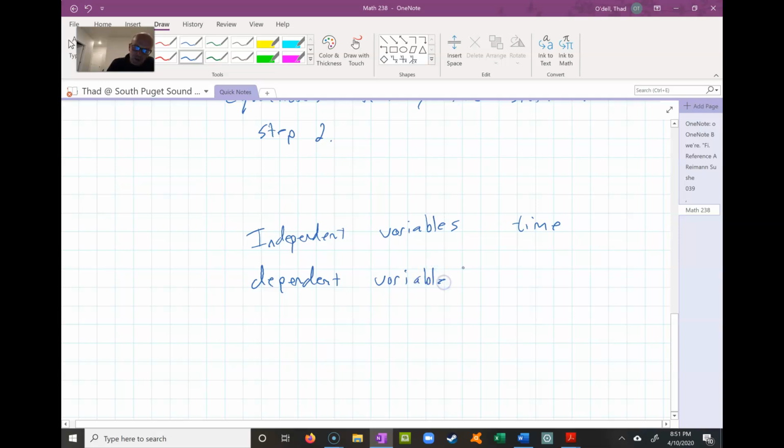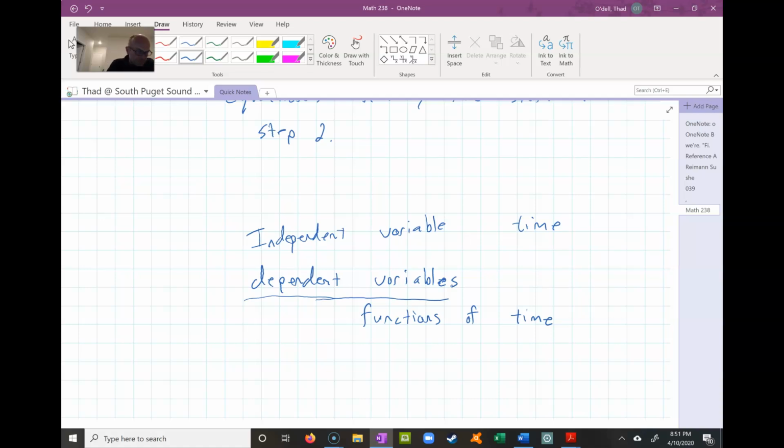So usually there's one independent variable, and then we could have one or more dependent variables. And these are all functions, usually functions of time, or of the independent variable. So these are things that change. When we say they're a function of time, that means these are variables that change as time changes. So like we talked about earlier, the rabbit population would be a variable that's changing as time goes on.